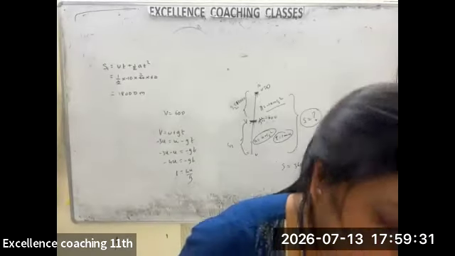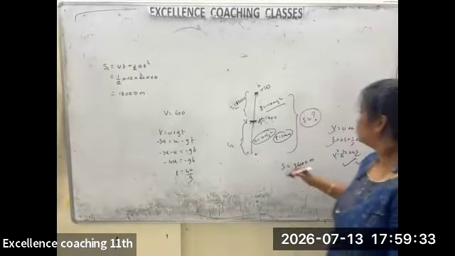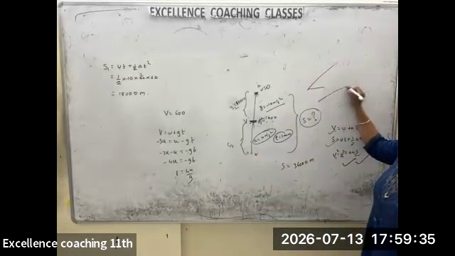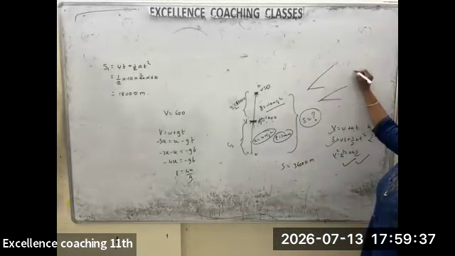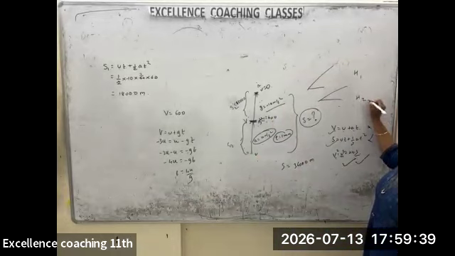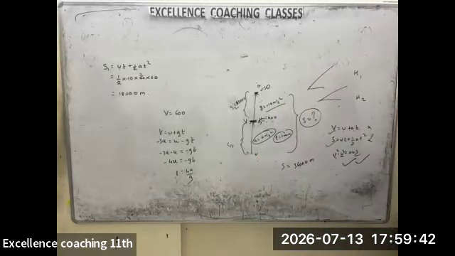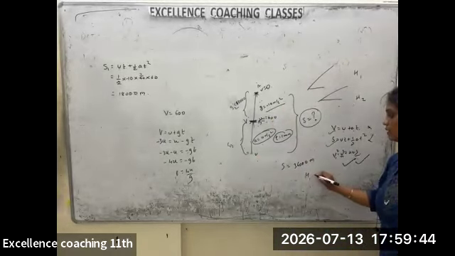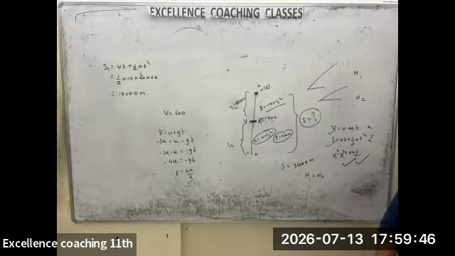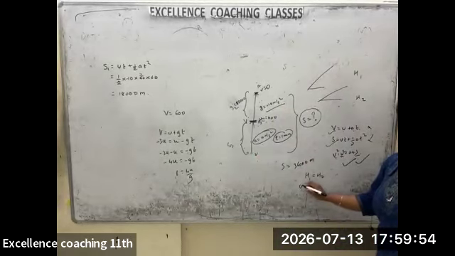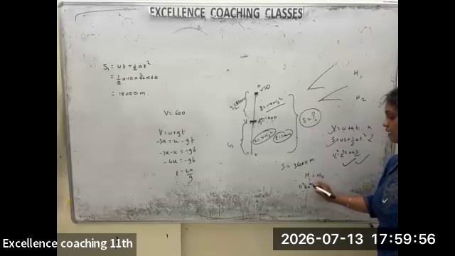Now what is the catch given to you? When they are thrown, the height covered by both, h1 and h2, are equal. So h1 is equal to h2. What is the formula for height? Maximum height, projectile motion. U square sin square theta upon 2g.